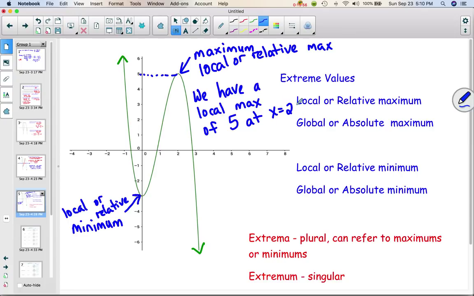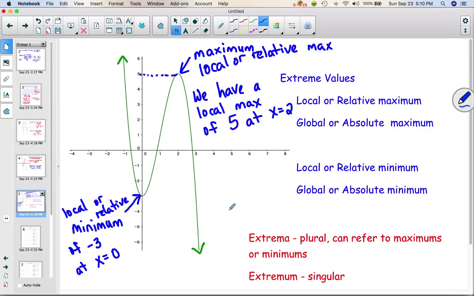So sometimes we'll report the domain value where that local max is located, but it's really a maximum of 5. That is a local max. It occurs when x equals 2. We have a local or relative minimum of -3 at x equals 0.